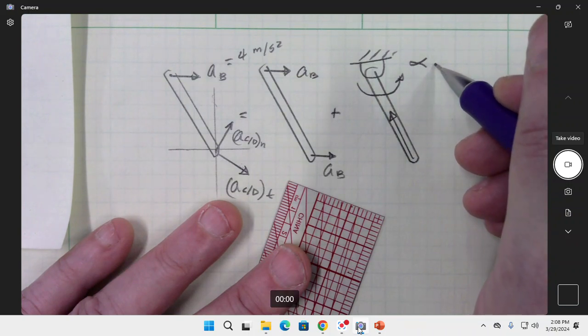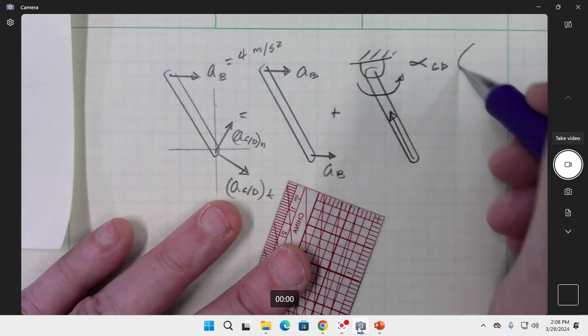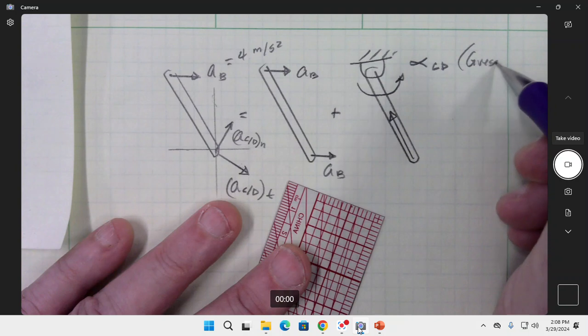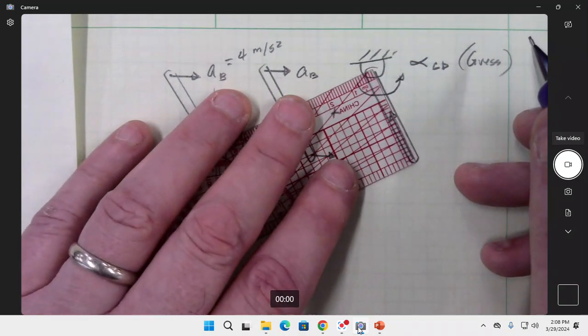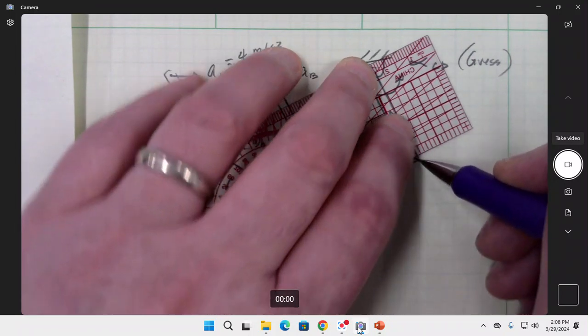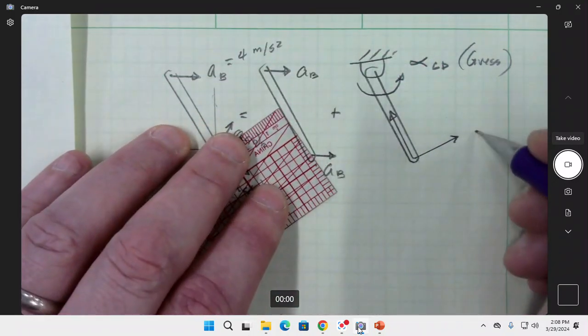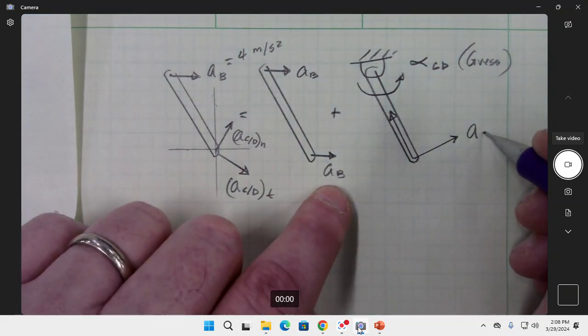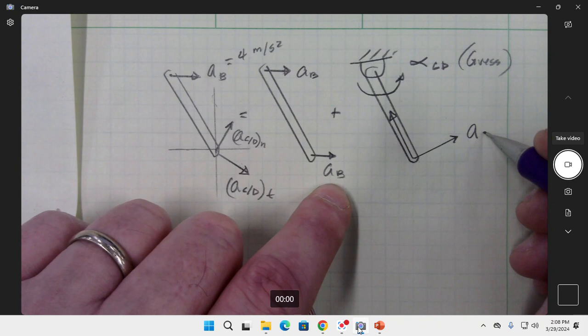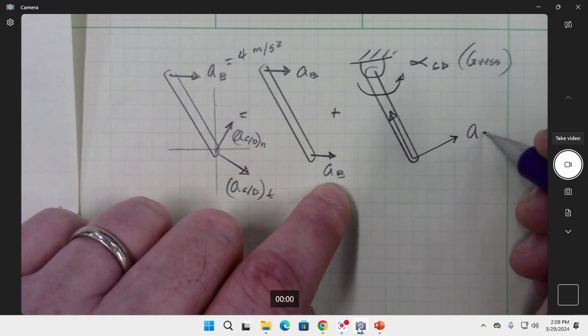This is the thing that we're trying to find, CD, and this is a guess in the direction. So if we're going to draw that in that direction, it would be this guy right here, acceleration of C with respect to B.